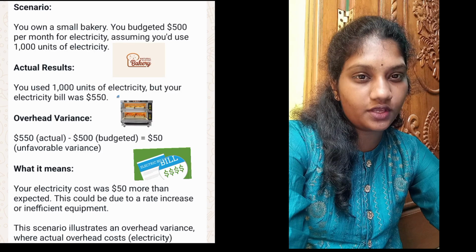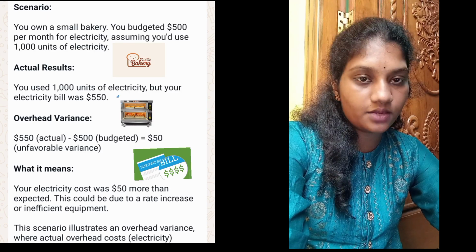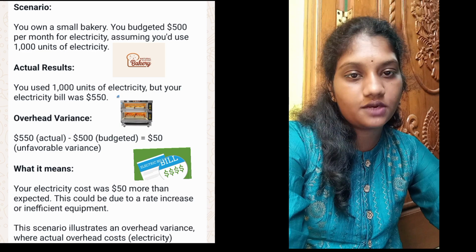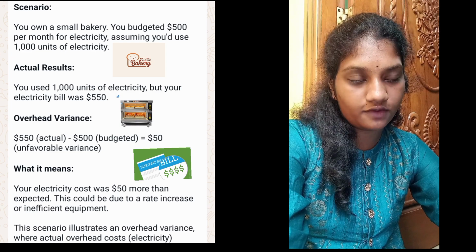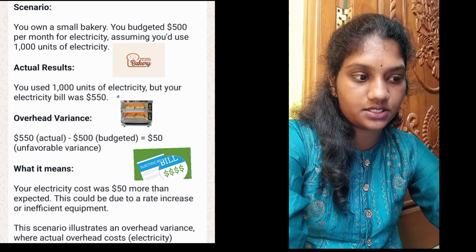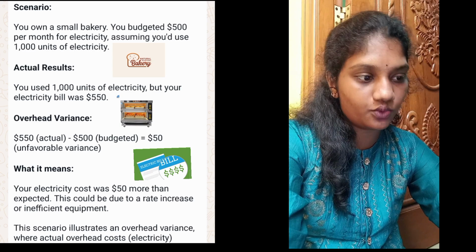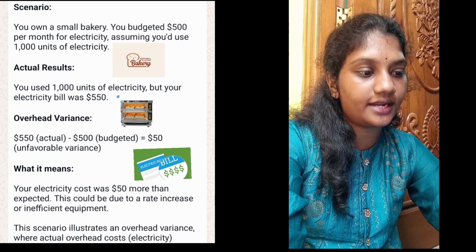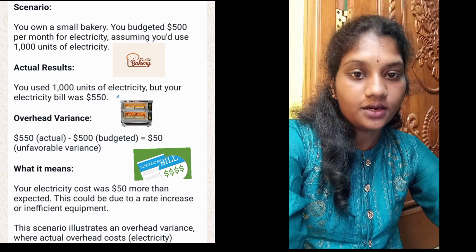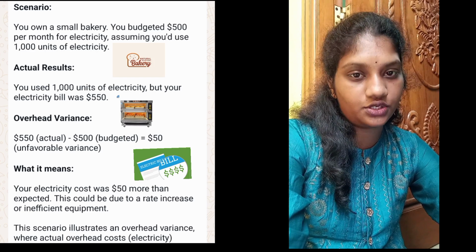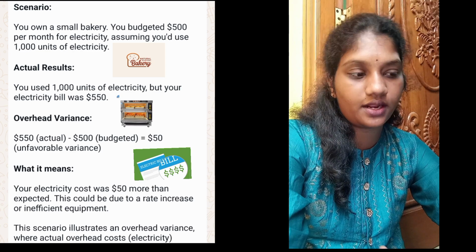In this term, we can say this is a variable overhead, because there will be no stagnation in the electricity bill. It will depend upon our consumption of electricity. What it means: your electricity cost was 50 more than expected. This could be due to a rate increase or inefficient equipment. This increase in our budget is due to some inefficiency or some changes in requirements.